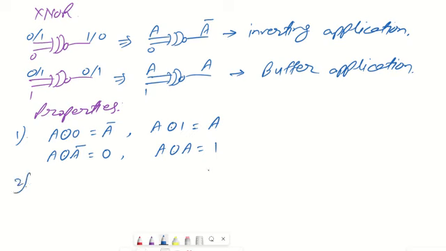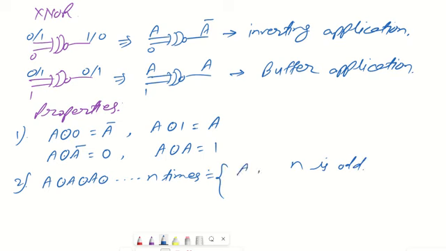But if the number of inputs is more, let us say A XNOR A XNOR A XNOR, like that, n times, and this is a very important one: if n is odd, then it will always be A, whether it is 0 or 1.